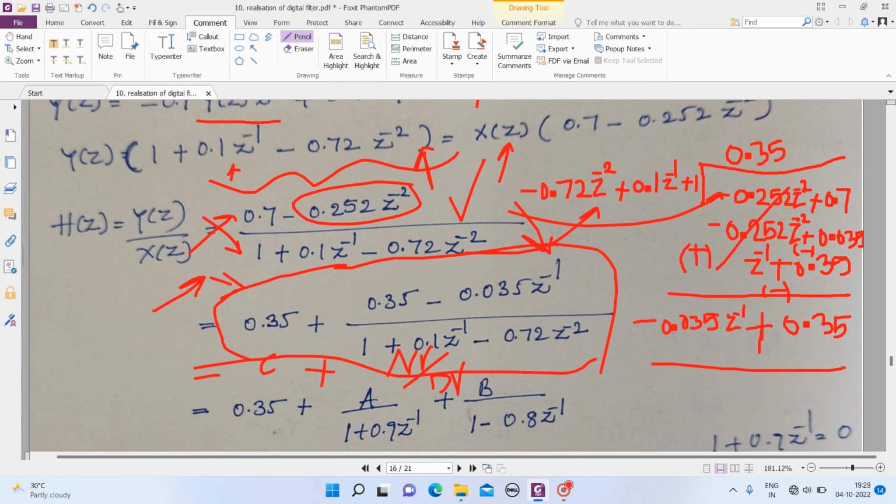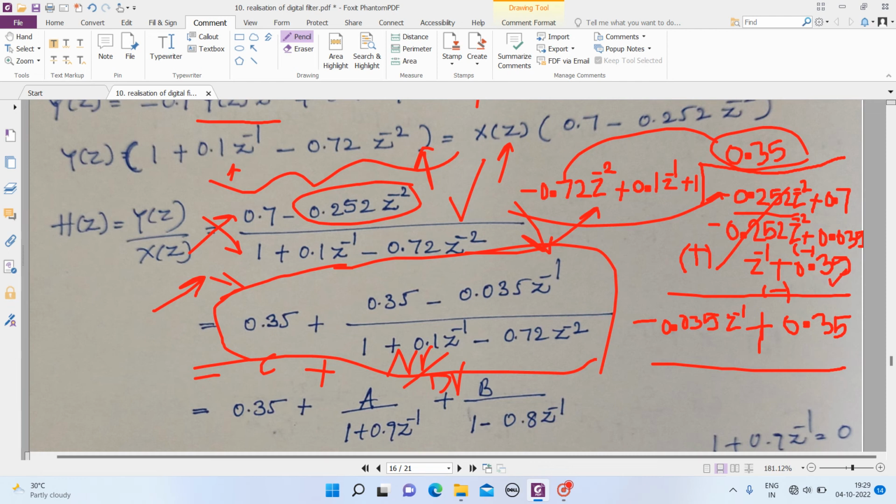Thereafter we find this value based on the first term of the equation. If you multiply these two equations, we will get minus 0.252 z inverse plus 0.035 z inverse plus 0.35.